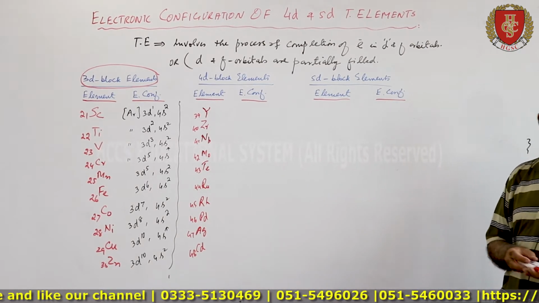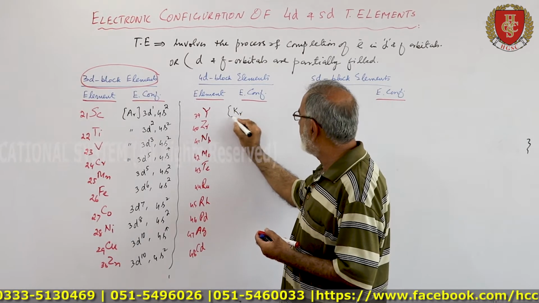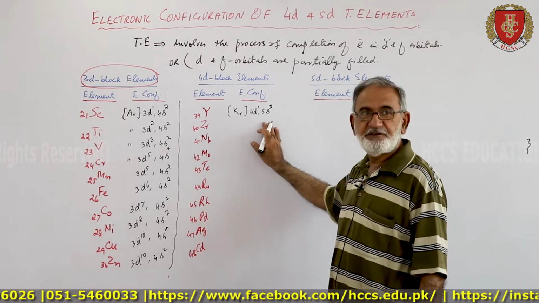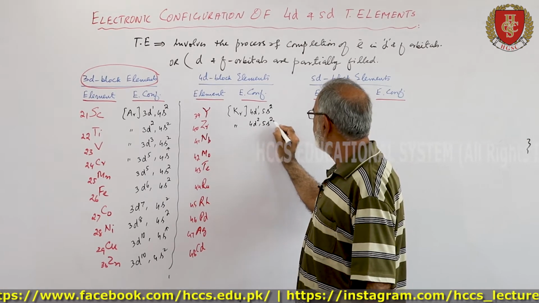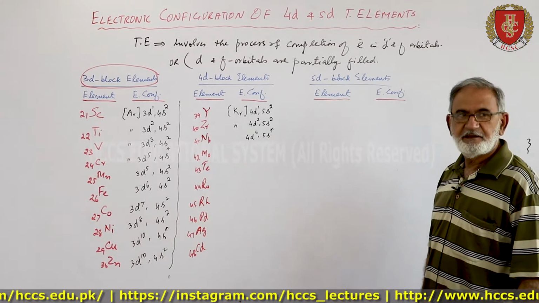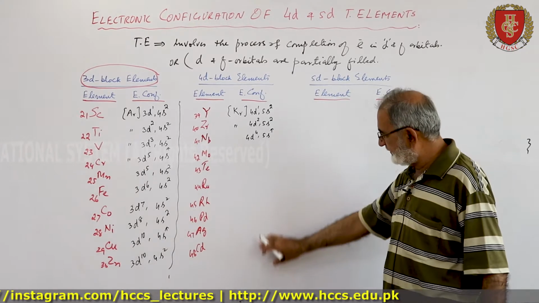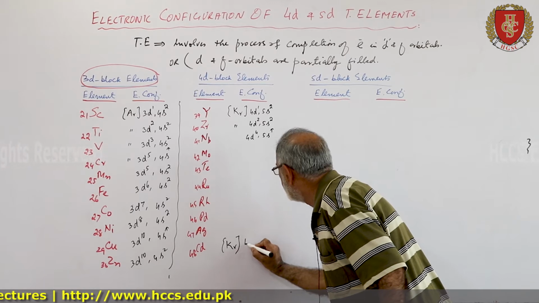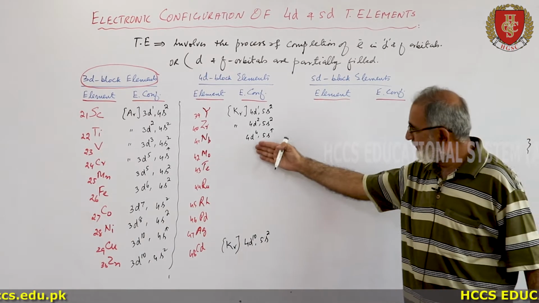Again, here we can also write the electronic configuration: krypton 4d1 5s2. Similarly 4d2 5s2, 4d4 5s1, and similarly you can write up to the last, that is 4d10 5s2.